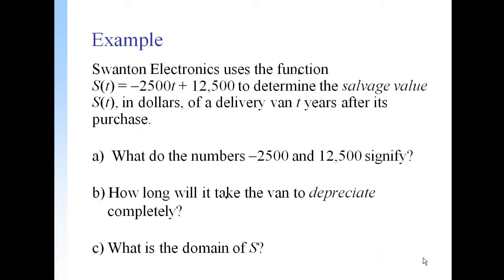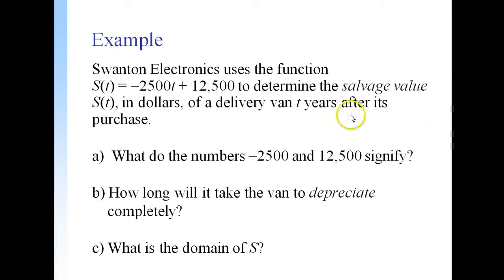Now in this example, they're saying Swanson Electronic uses this function to determine the salvage value of a delivery van after its purchase. So what do the numbers negative 2,500 and 12,500 signify?